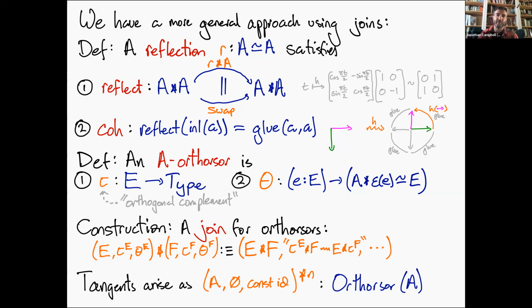But then it turns out if you want to talk about decompositions of these things, you end up having to do exactly constructions like this. If I have one vector space and another vector space, the join of the buildings embeds into the building of the sum of the vector spaces, but it's not the whole thing.